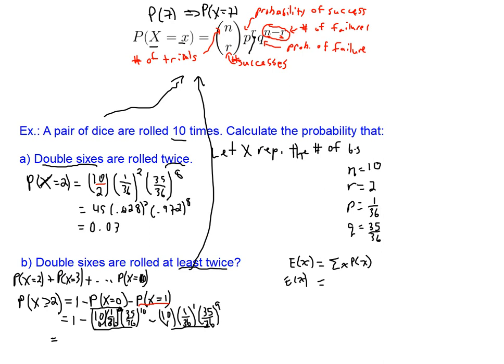the number of trials times the probability of success. So if we were to do that here, in this case, we rolled the dice 10 times. So there are 10 trials times the probability of success. Remember that a success was rolling a pair of double sixes. So the probability of success is 1 out of 36.